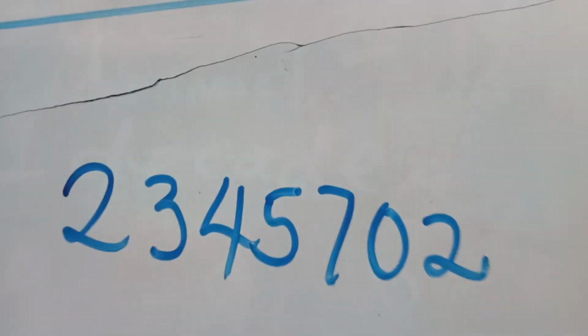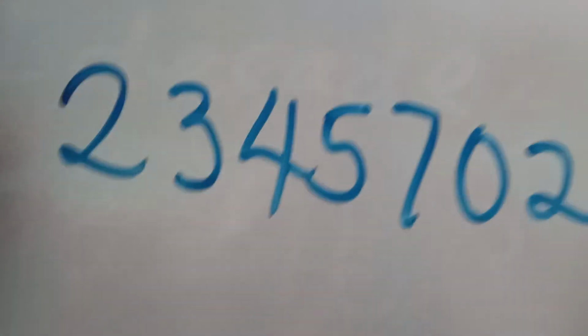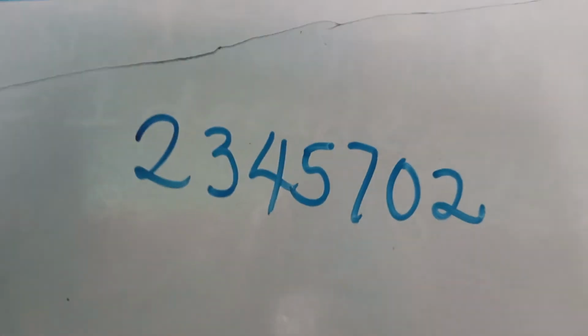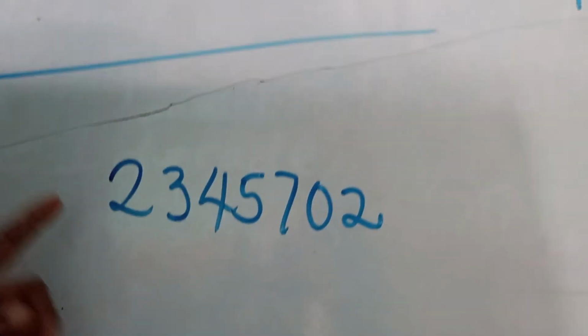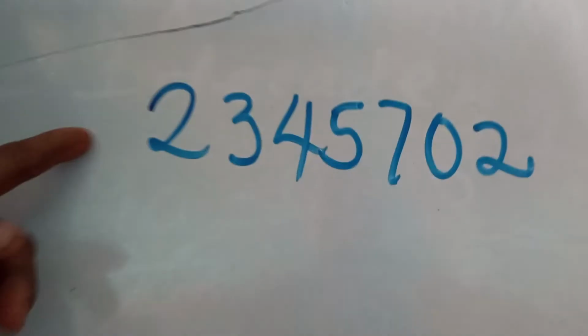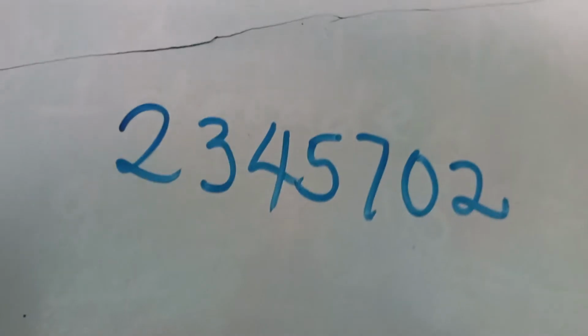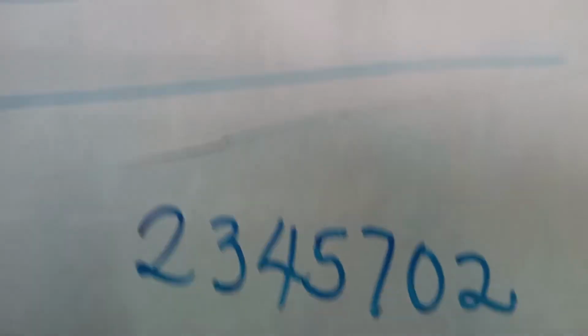This is 2,345,702. If I want to know if the number I've written is still under a million, I first of all count the number of digits. If it is less than 7 or more than 7, it means what I've written is not correct. Now let's count this. 1, 2, 3, 4, 5, 6, 7.